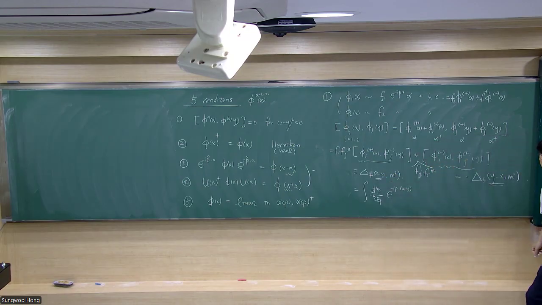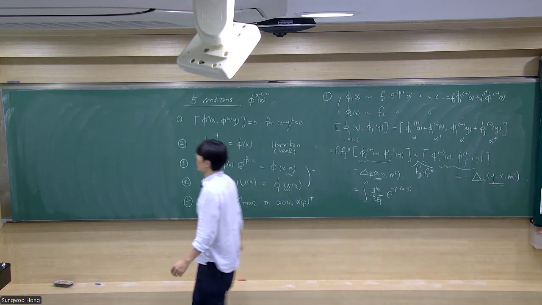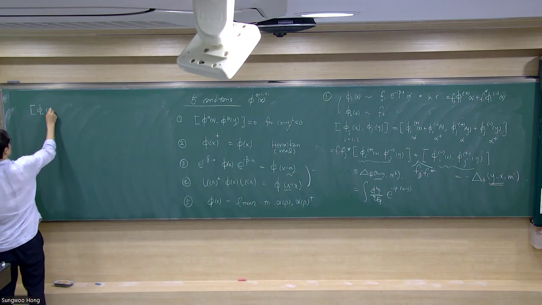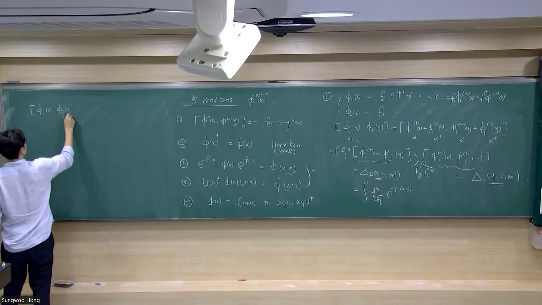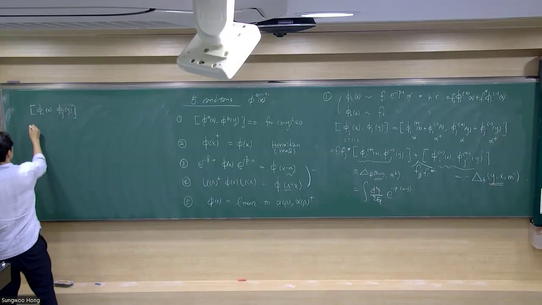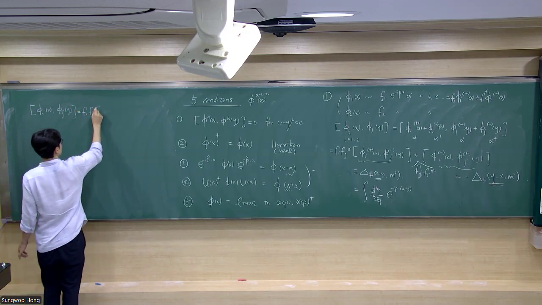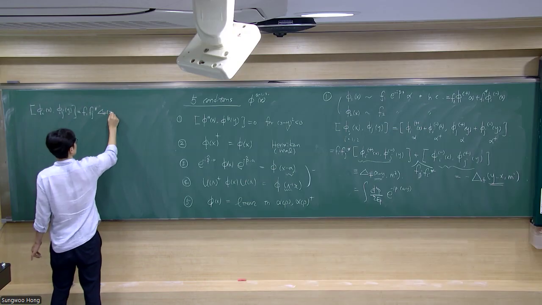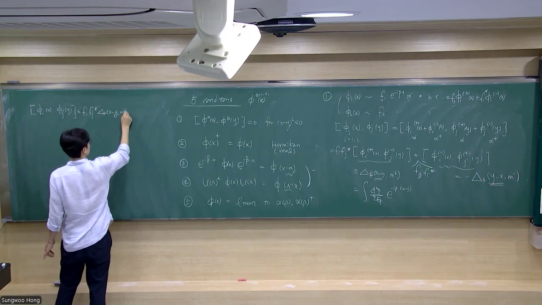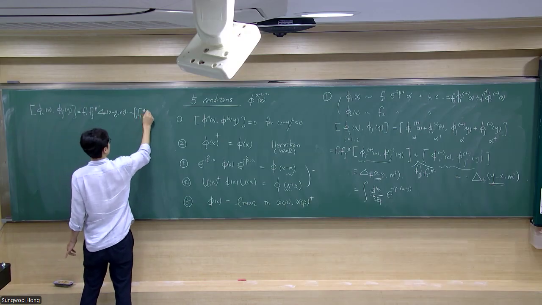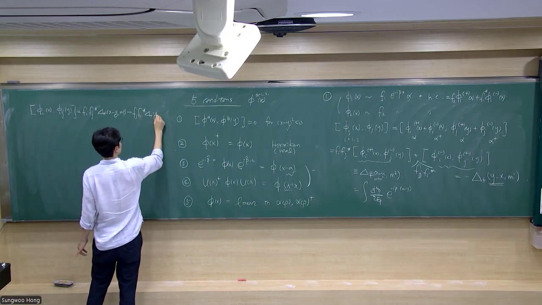X minus y. So what we learned is that the commutator that captures causality is given by Fi, Fj star minus the same with x and y exchanged.